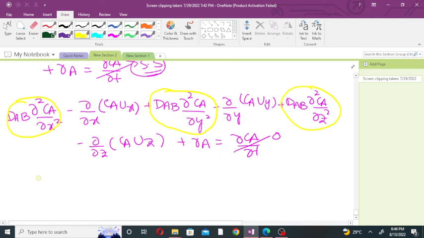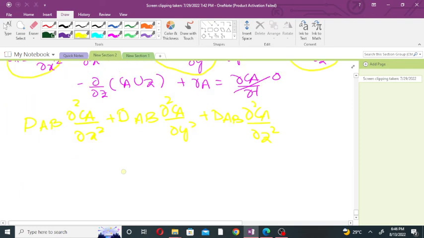So DAB times d square CA by dx square plus d square CA by dy square plus d square CA by dz square, and the other terms will be written as such: minus d by dx of CA into ux, minus d by dy of CA into uy, minus d by dz of CA into uz, and plus RA is equal to change in concentration with the passage of time.